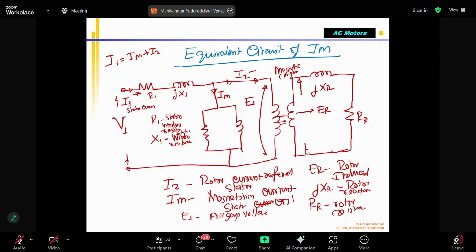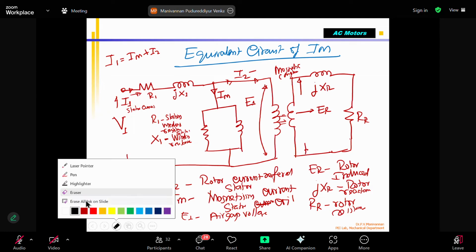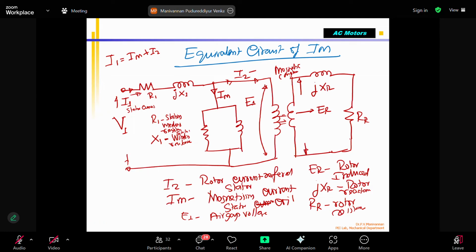Once you are there, please tell me and we will go to the next. This is called RC. Sorry, note down, this is called jXM. RC is nothing but the core loss resistance.